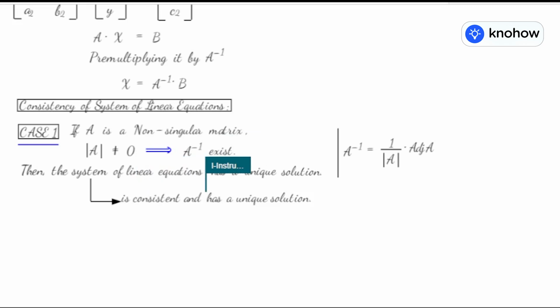That is case 1. Now case 2, if A is a singular matrix, that is if determinant A equal to 0, then there will be two cases.